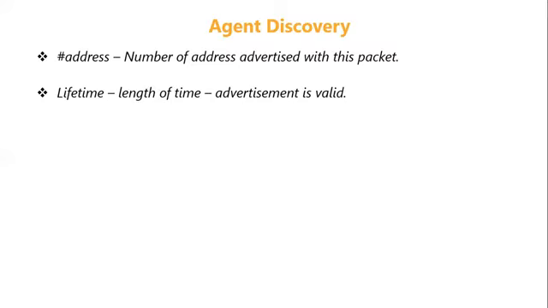The number of addresses advertised with this packet is given as the number of addresses, while the addresses themselves follow a particular structure. There is a lifetime field, which denotes the length of time this advertisement will be valid.